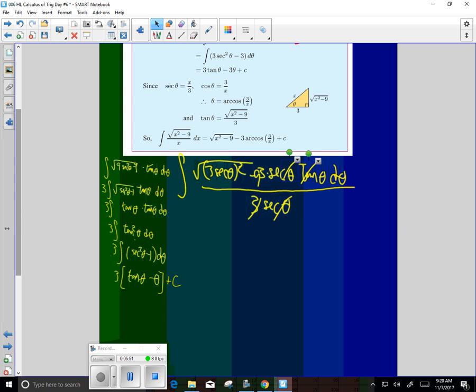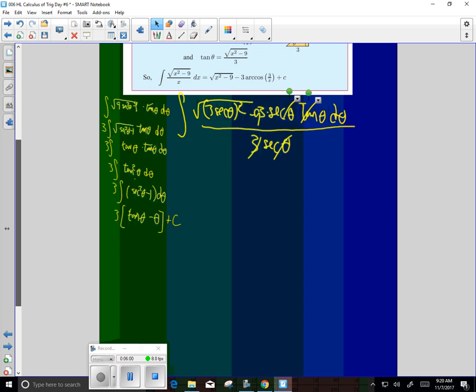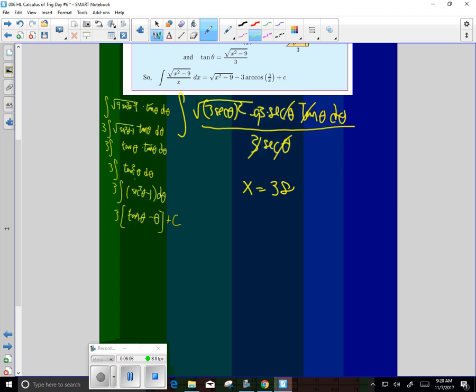All right, so now we're going back to, remember when we said x was equal to 3 secant theta? And we're going to replace theta with x. So this is x over 3 is equal to secant theta.